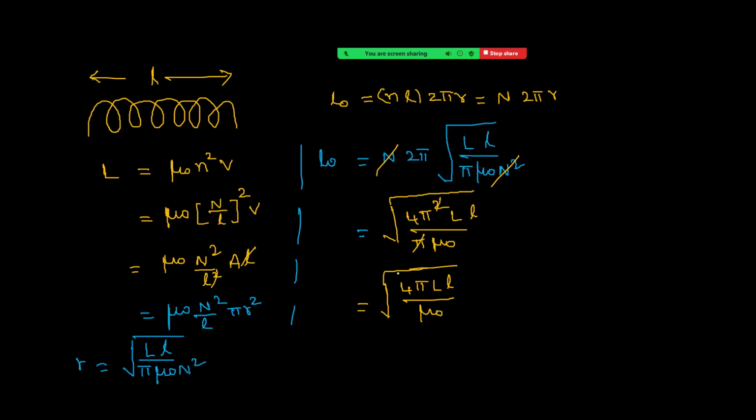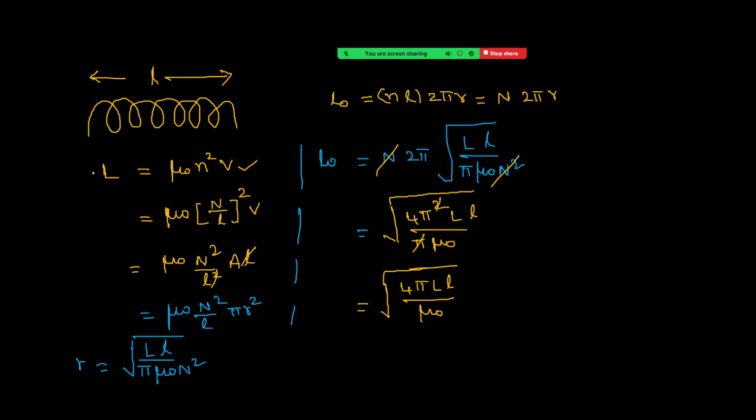Means the result which we got in the previous question, that is mu naught n square V, now we have taken that result to solve this problem. Okay. So here the main confusion comes: what is this length and what is this length? This is the length of a solenoid and this is the length of the wire, which is 2 pi r into number of turns. Okay.